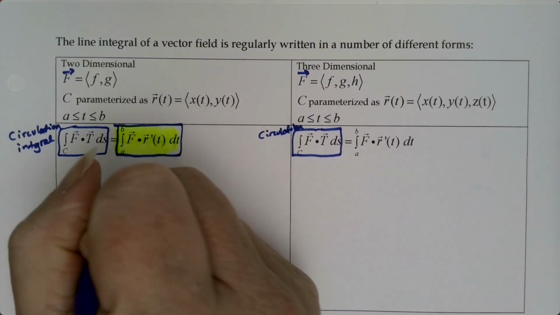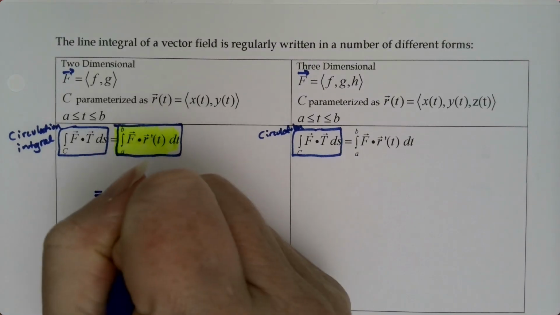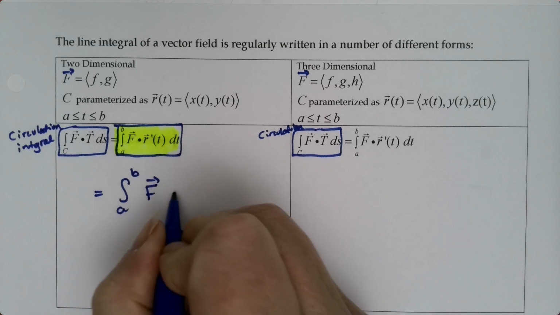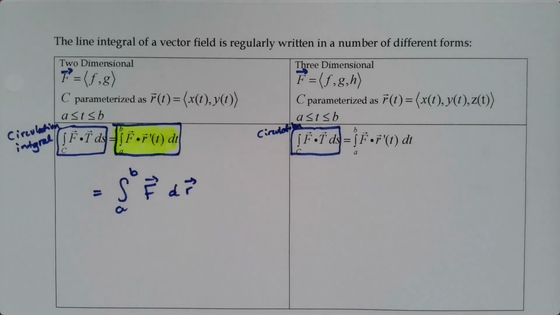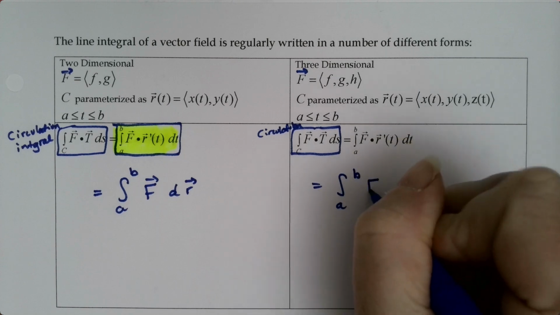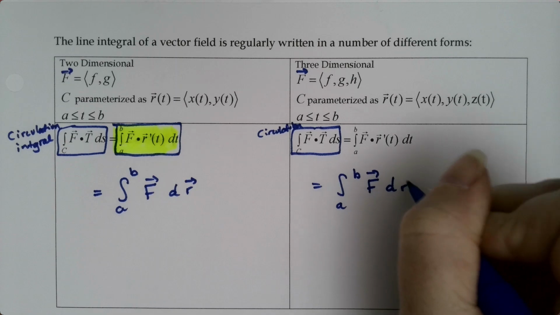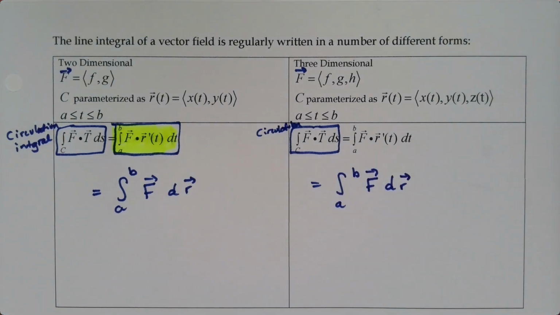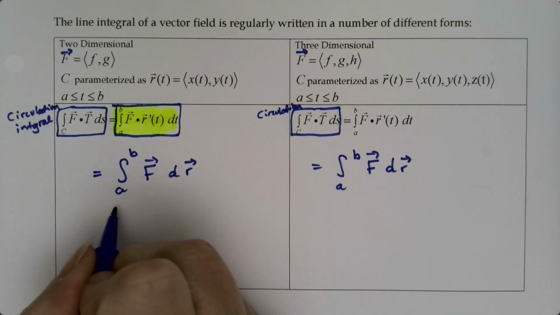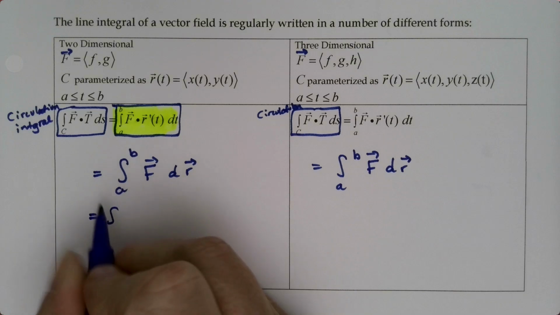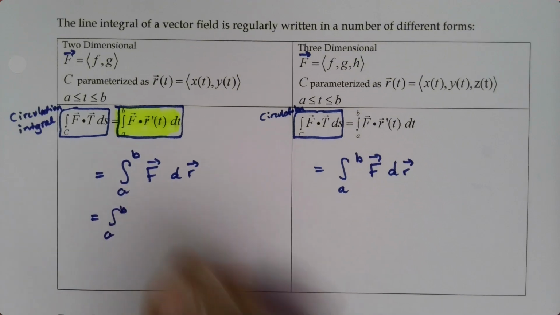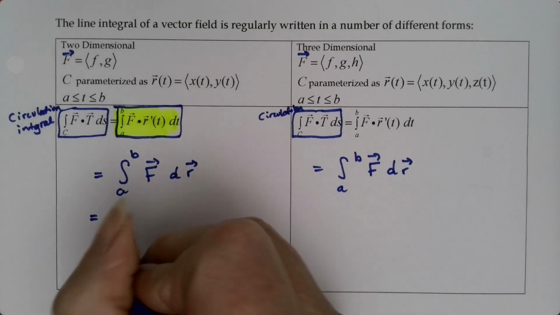All right, then we can also write that as the integral from A to B of F dr. That's another way to write the circulation integral. Well, what does that mean? Well, F dr is really the integral from A to B. Now think about what F is. F is actually F comma G, some vector.